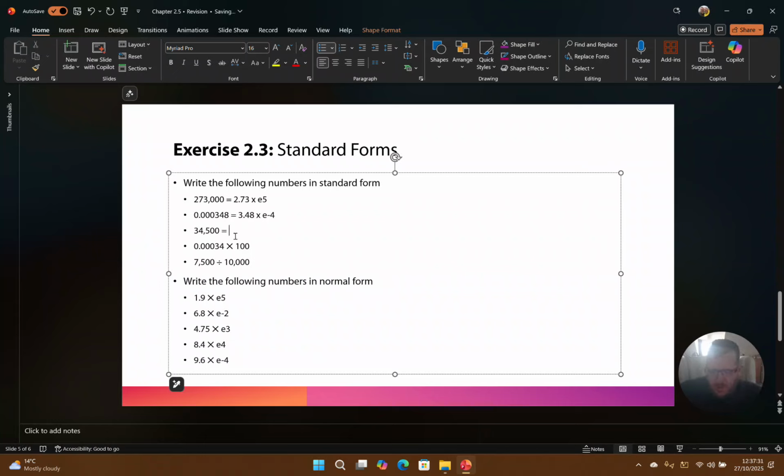So 3.45. 1, 2, 3, 4. Let's double check that. Whoops, I didn't want to do that. Yeah, that's right.